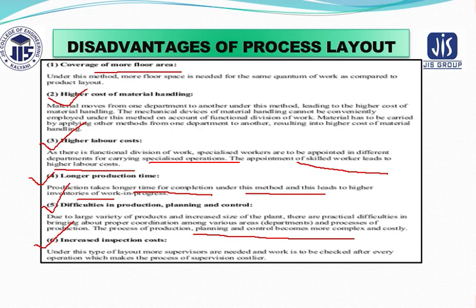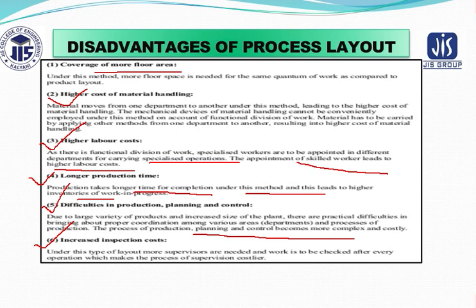Next is longer production time. Production takes longer time to complete the required task because the method leads to higher inventory in work in progress, because you are transferring the material from one section to another, so it takes time, and thus if it takes long time, the inventory cost also increases.